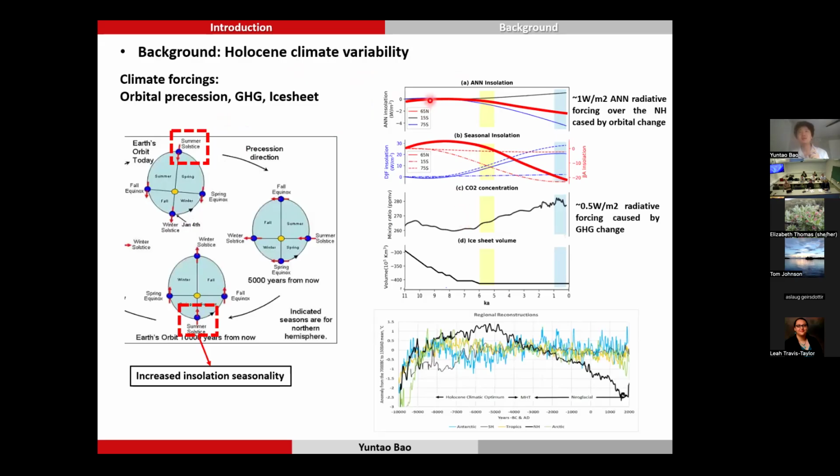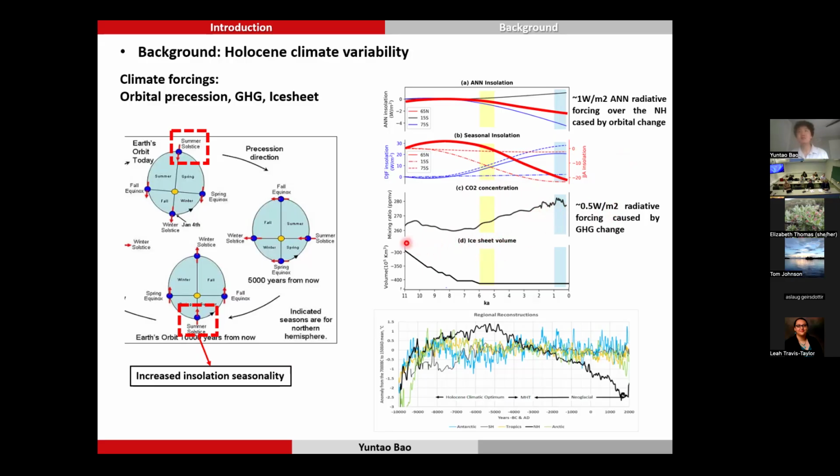We can look at the forcing again. In the annual mean, the insolation actually does not change too much. It's only about 1 watt per square meter change during the whole Holocene. But CO2 gradually increases. This still gives about 0.5 watts per square meter forcing to the whole climate system.